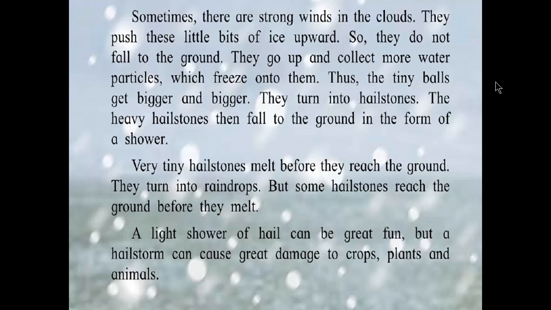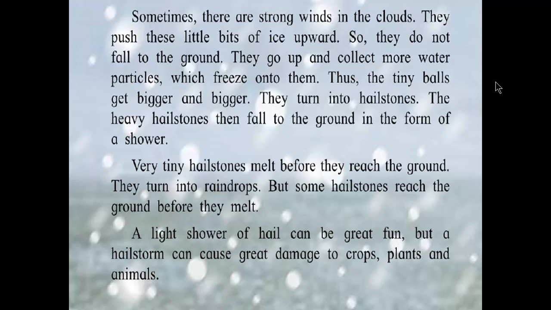The strong wind pushes these small pieces of ice still upward. And what happens? These small balls of ice collect together, and more particles of ice collect with them, and they become a very big ball of ice. Now these tiny hailstones melt before they reach the ground.